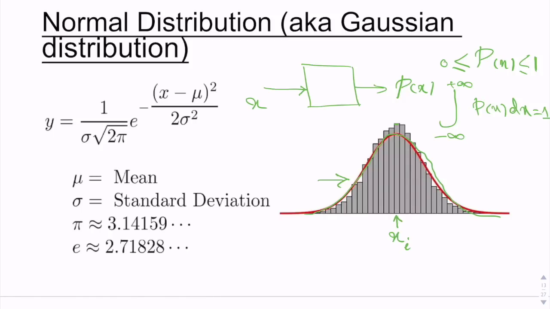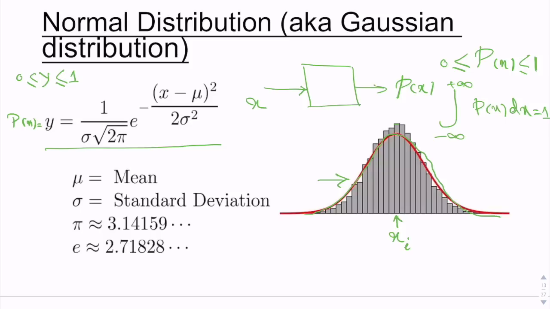So here we have a function for the probability distribution. Basically, y is P of x. So P of x is equal to y, the output, where y is greater than or equal to 0 and smaller than or equal to 1. That's the probability.